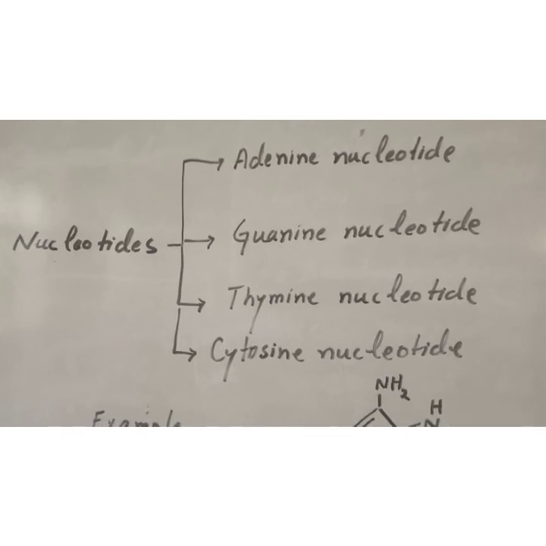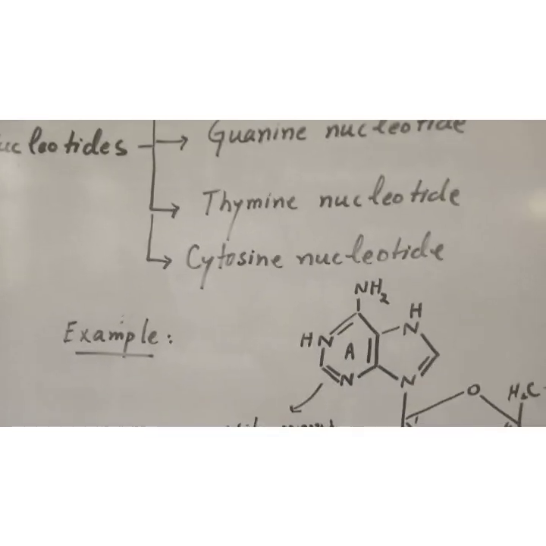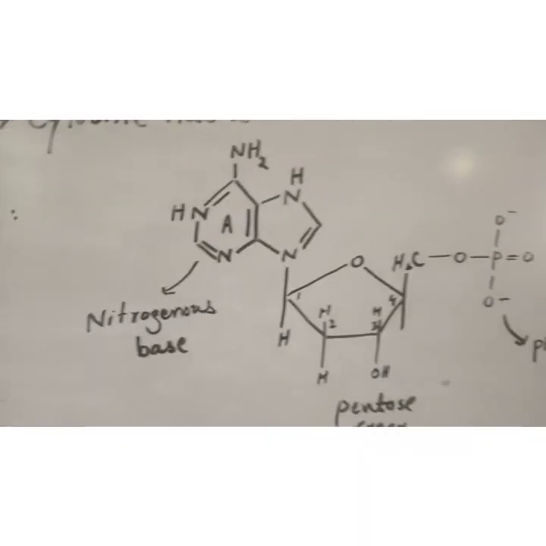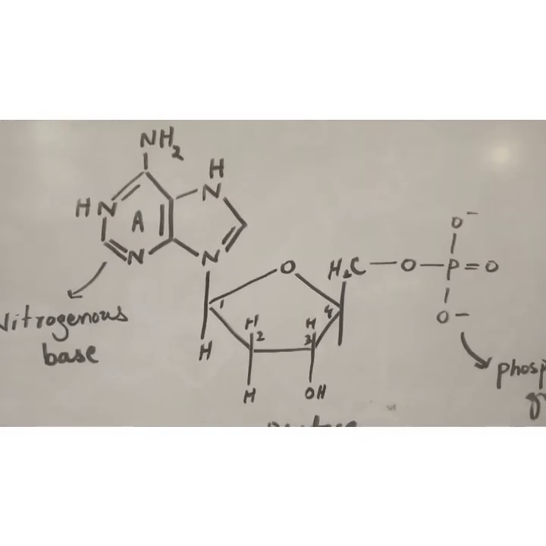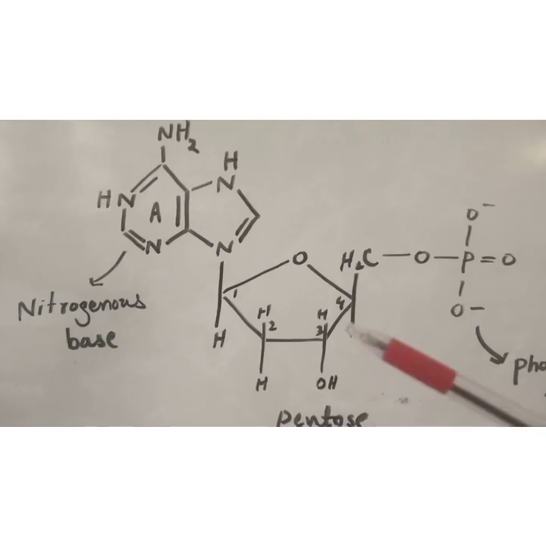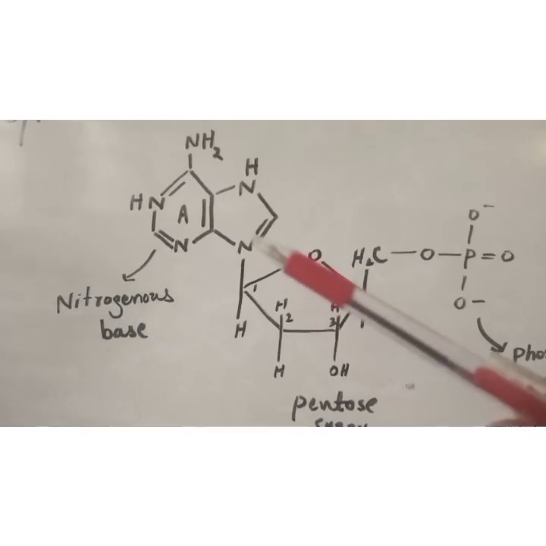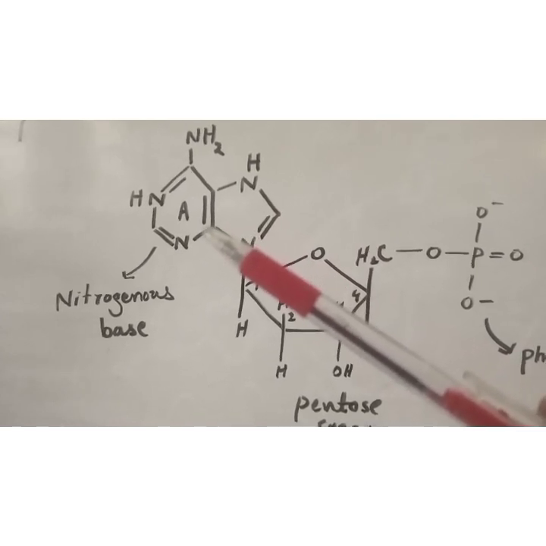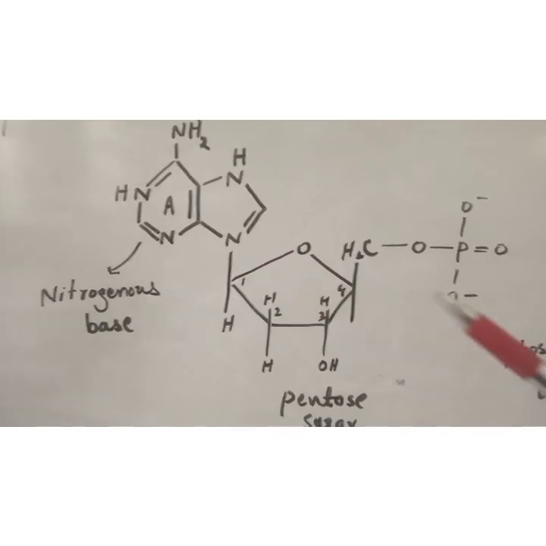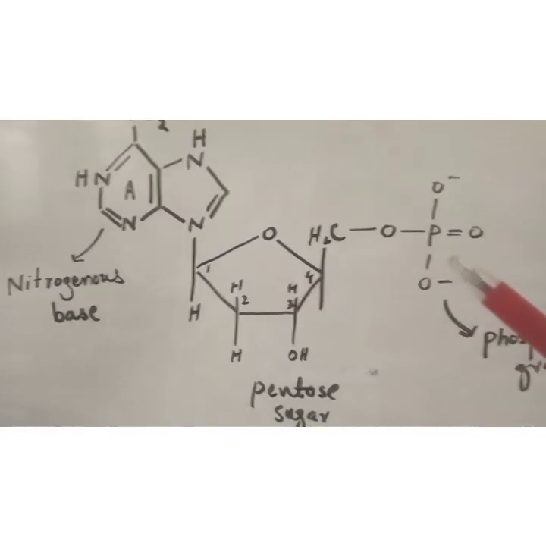For example, if we look at the structure of adenine nucleotide, here is the structure, where there is the pentose sugar, the nitrogenous base, for example adenine, while there is the phosphate group.